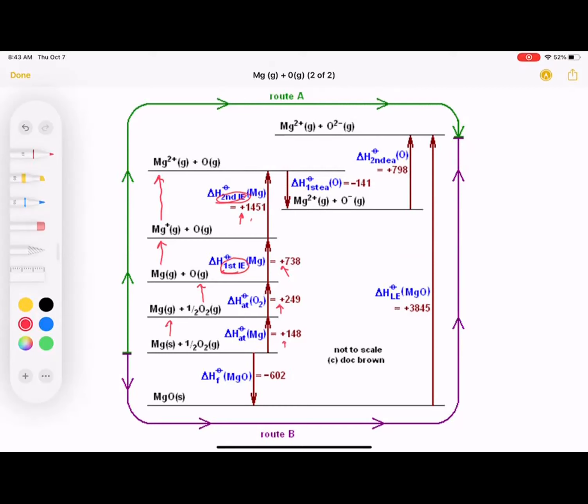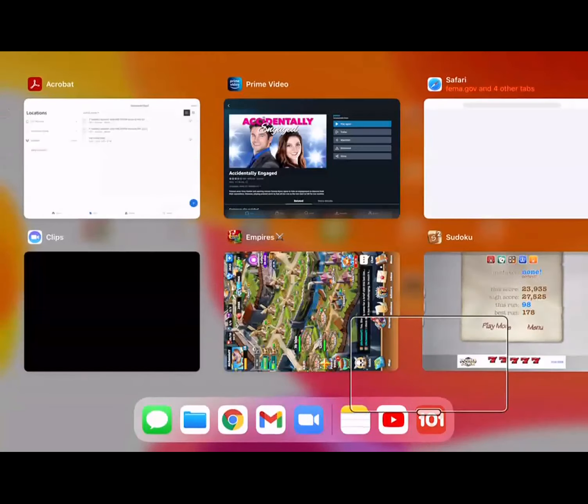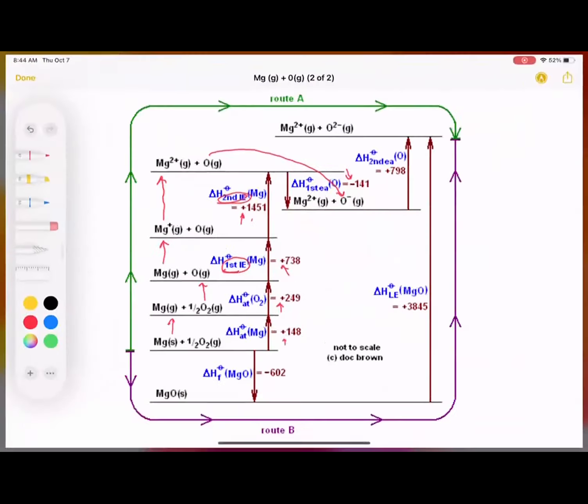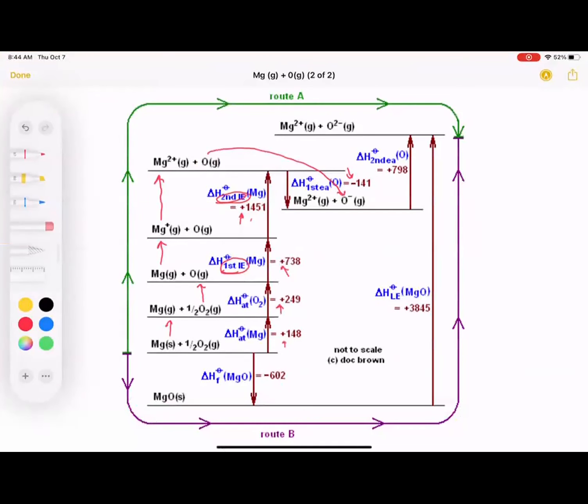Now, in the next step, you will notice that O becomes O minus. And that is a favorable process. It cost us negative 141. So that's favorable. And that's the first electron affinity.